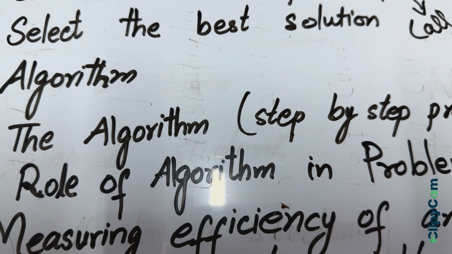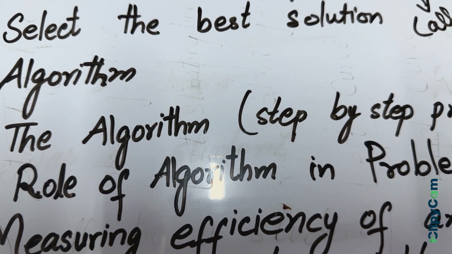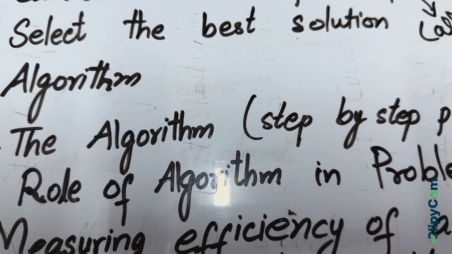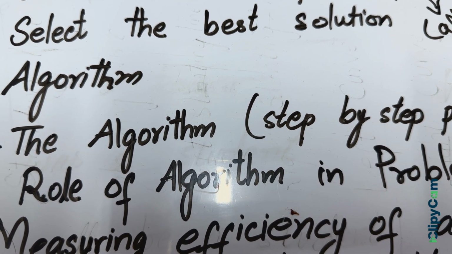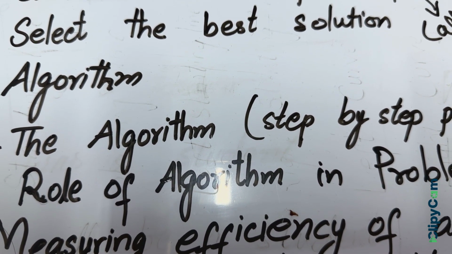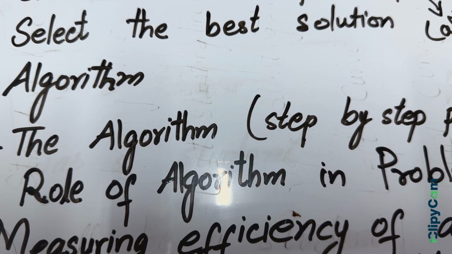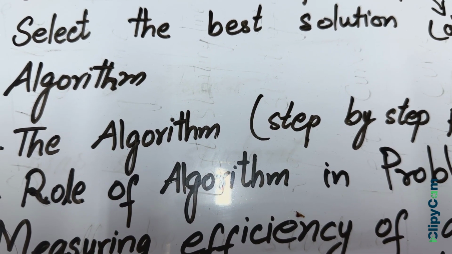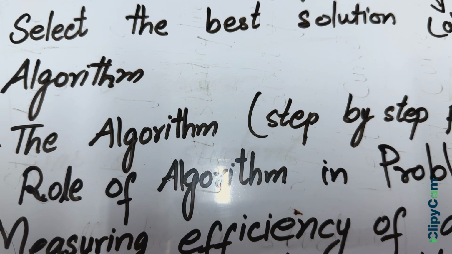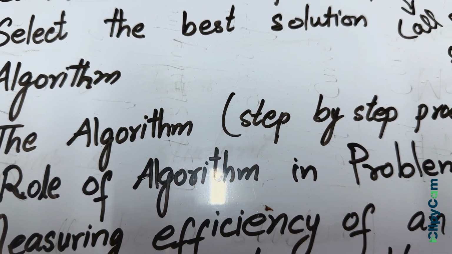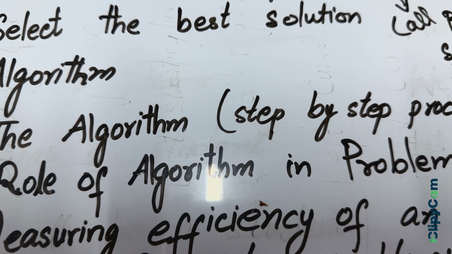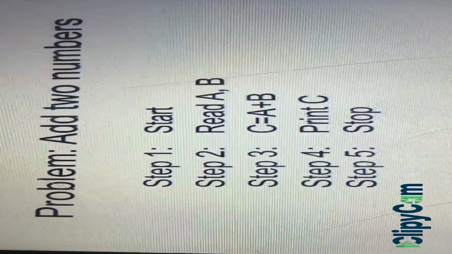Algorithm is very important in programming, right? Because the algorithm is written in a step-by-step procedure, any person can easily understand how the solution of the problem works. What is the first step, what is the second step, what's going on in the solution of the problem, right? So algorithm plays a very important role in solving the problem, clear?